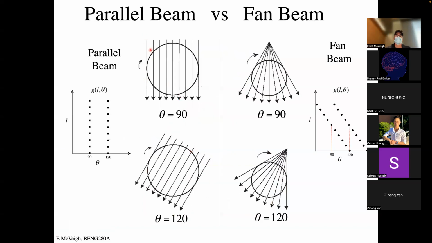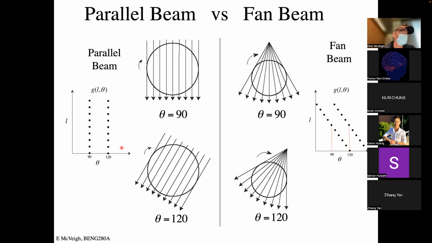We like this geometry for our data. And this is L in this direction. So with theta equals 90 degrees, I get one, and I set theta equals 120, I get another set of numbers here, and I'm going to fill up this data matrix G(L, theta) in this way.